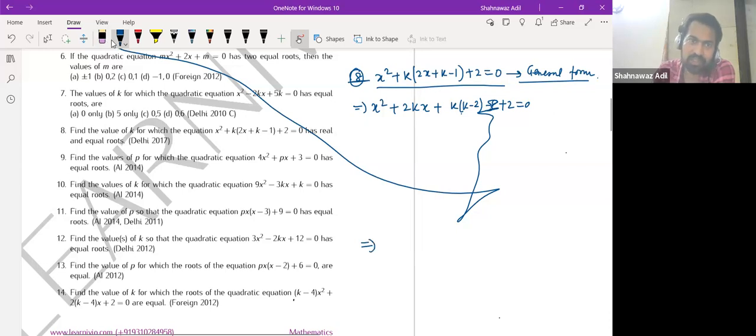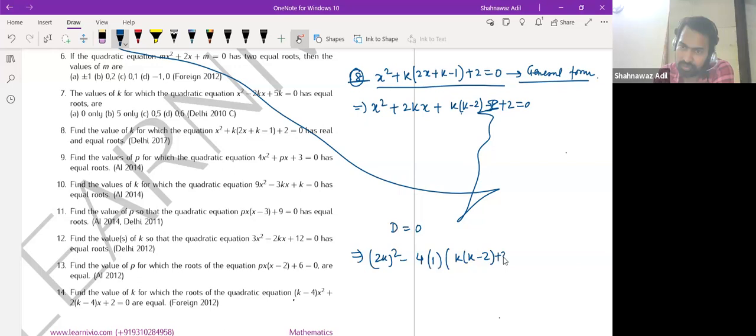So D is 0, which means b squared, which is (2k) squared, minus 4 times a, which is 1, times c, which is k minus 2 plus 2.